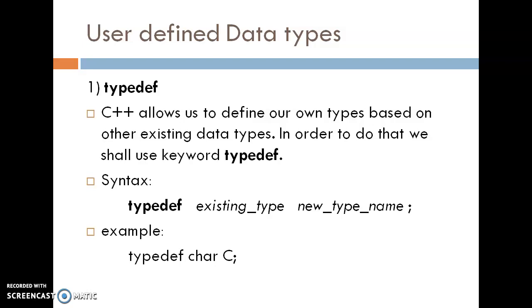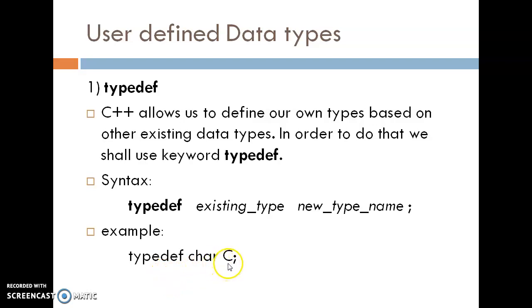Here, when we declare typedef char C, then using this name C we can define other characters. For example, below this we can write C A, B, C. Then A, B and C are defined as characters.